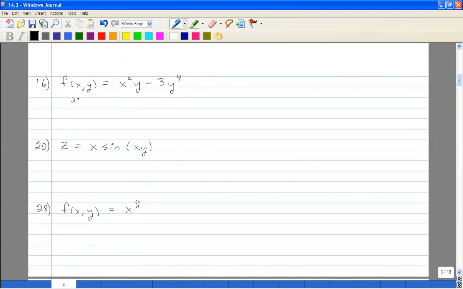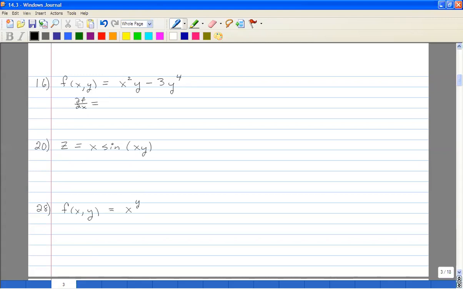So let's take the partial of f with respect to x. When I take the partial, I will treat x as varying, and all other variables I see will be treated as constants.